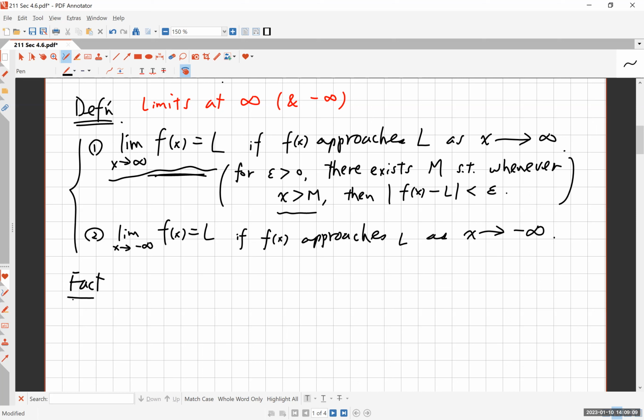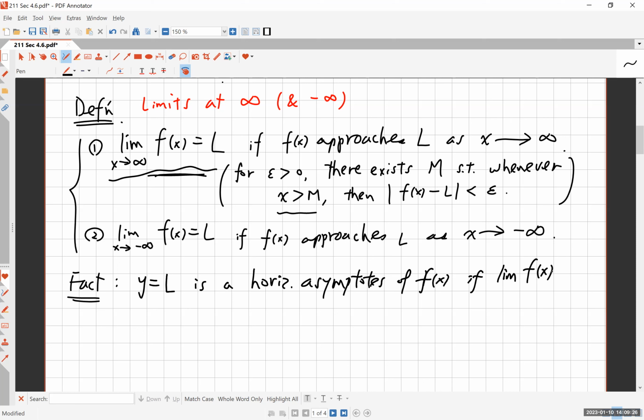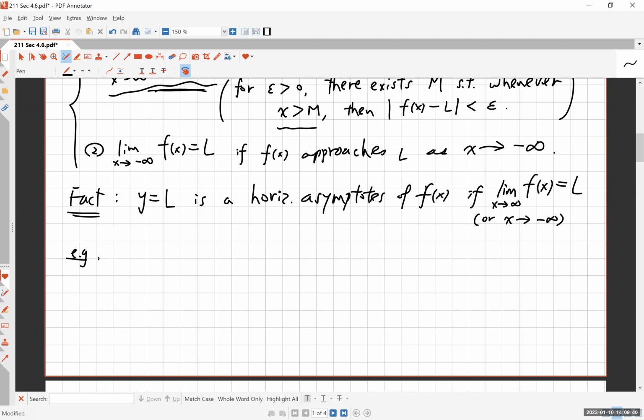Okay, so the fact is, you probably guessed it, y equals L is a horizontal asymptote of the function f if the limit is L as x approaches infinity or as x approaches negative infinity. So either one of these cases, you will have a horizontal asymptote. Okay, I'm going to give you several examples of this.